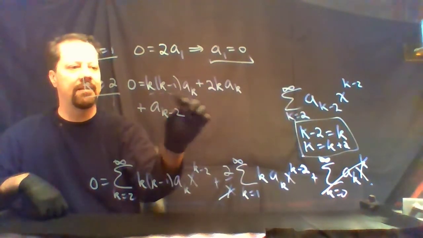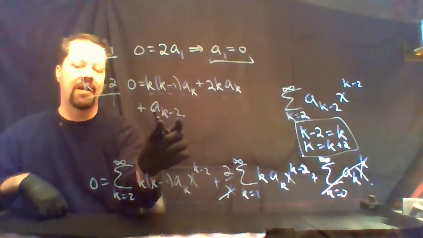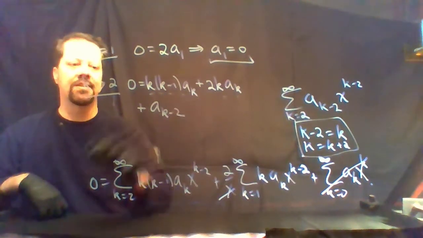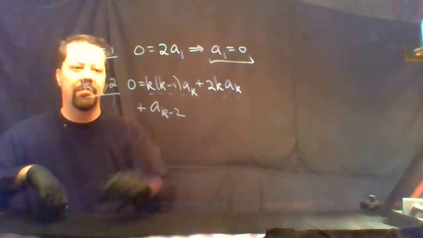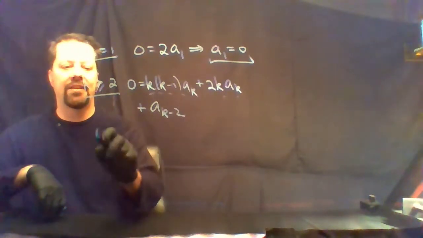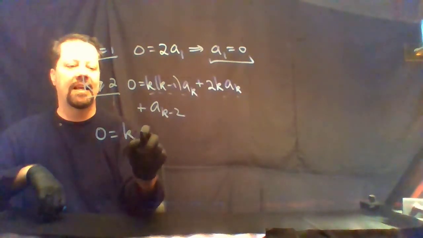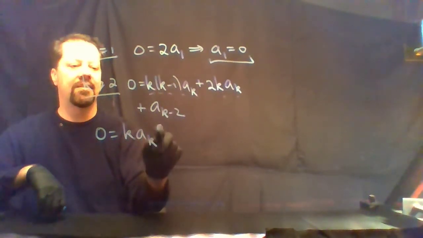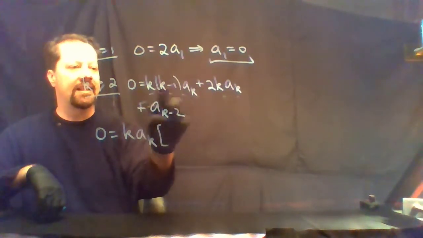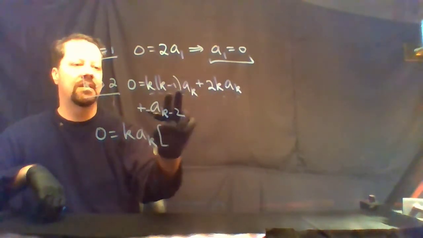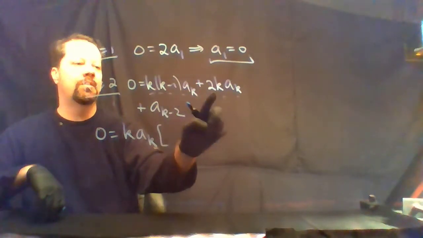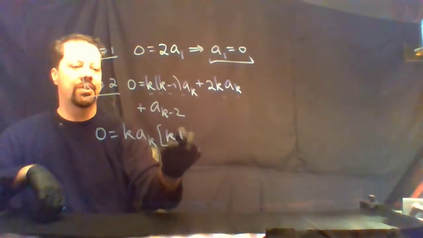We can combine these two terms and then solve for a sub k. The first two terms have a common factor of k times a sub k. If I take the k a sub k out, I'm left with k minus 1 plus 2, which is just k plus 1.